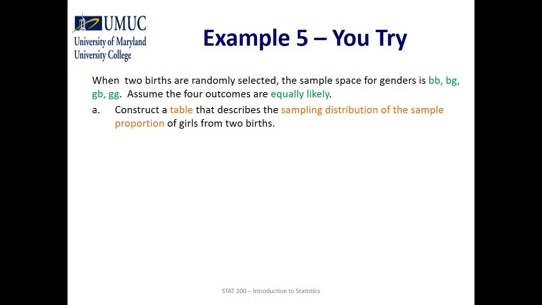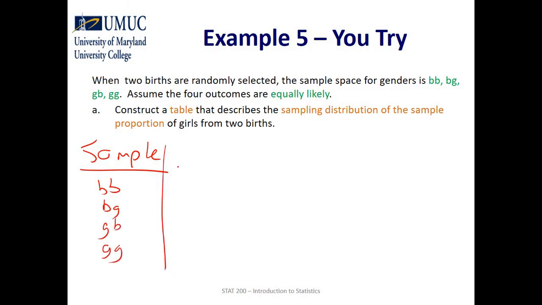Now, if you don't have any idea what I'm talking about here, what I'm asking you to do is to compute a table that has the sample and then the outcome: boy-boy, boy-girl, girl-boy, girl-girl, and what the proportion is. This is the proportion of girls from 2 births.